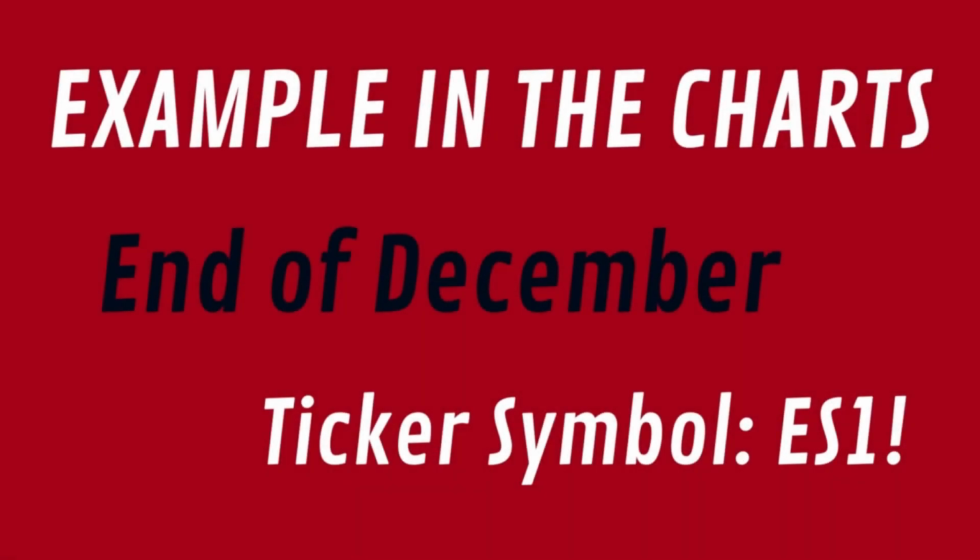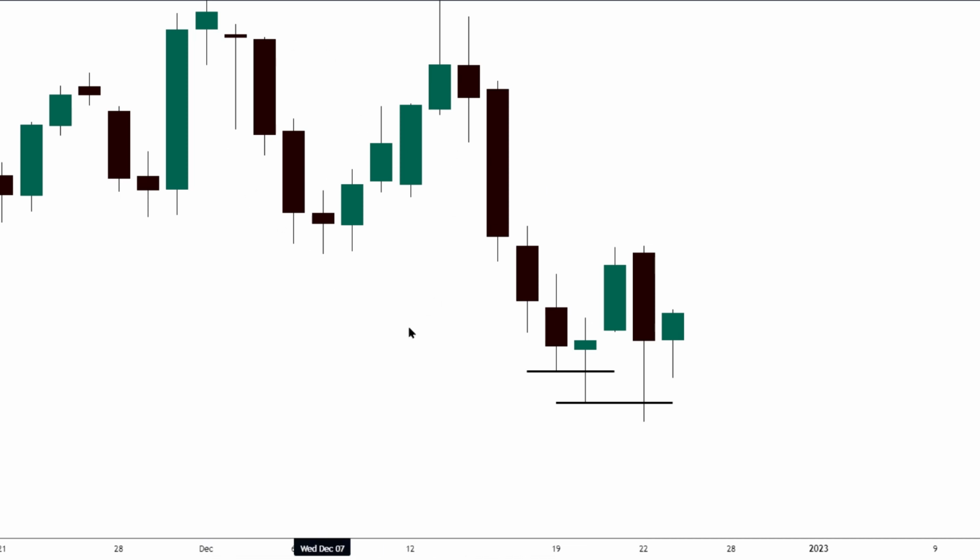Alright, so let's go ahead and head over to the TradingView app and check out some examples from the past week. Okay, so let's look at some examples here on the daily chart. It came down on Monday the 19th, then the following day, Tuesday, cleared out the previous day's low. Then it came up, cleared out the daily high there, cleared out the daily high there.